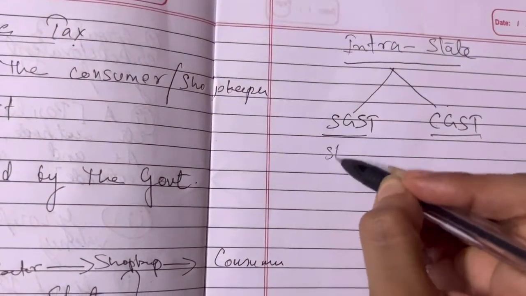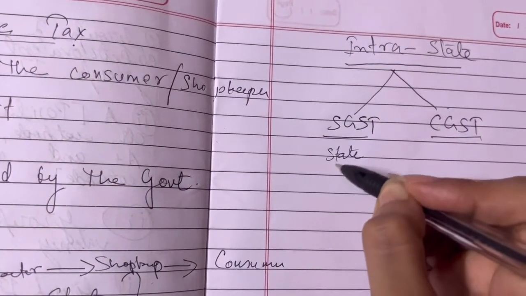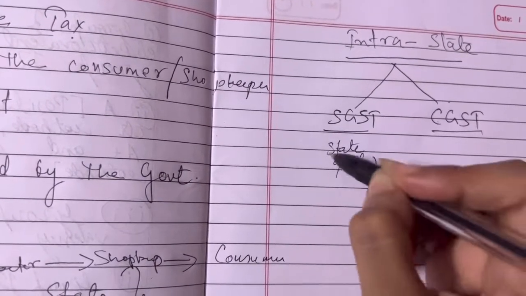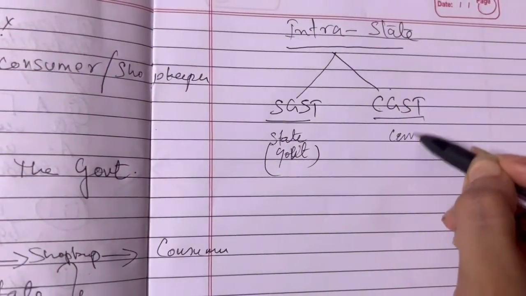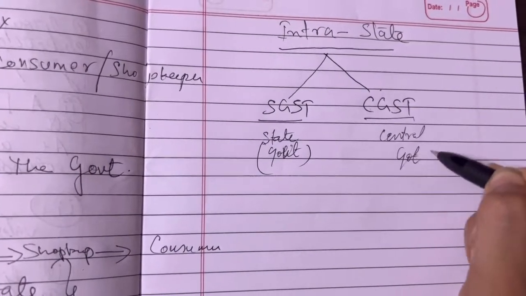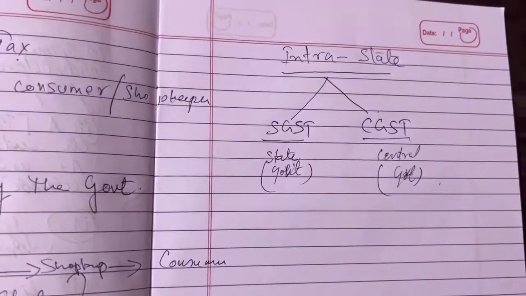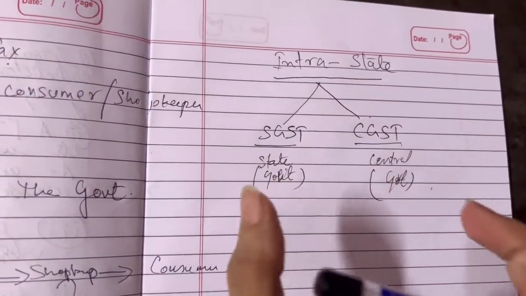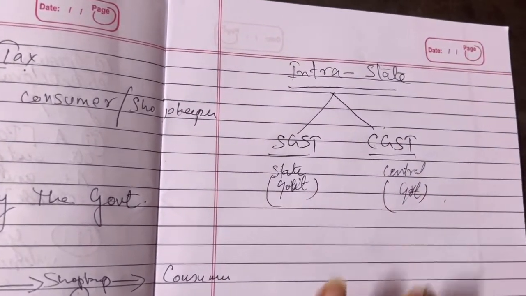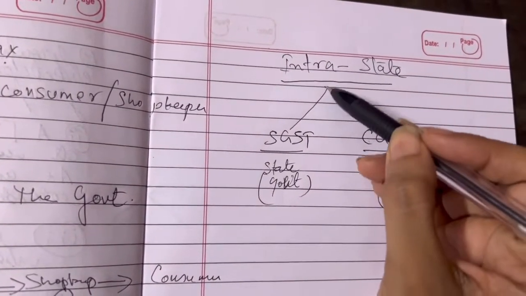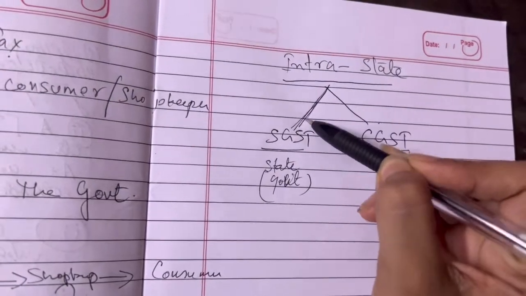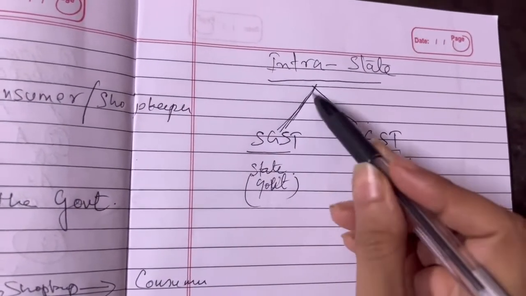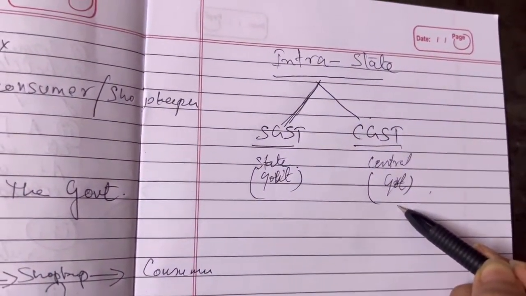SGST goes to the state government and CGST to the central government. So the tax collected will be divided into two parts.